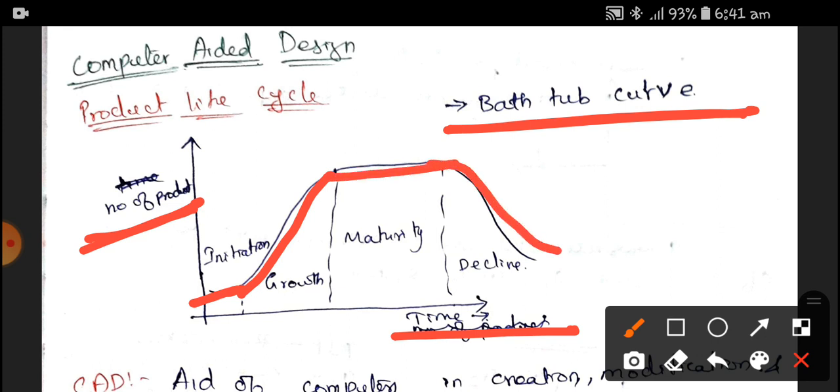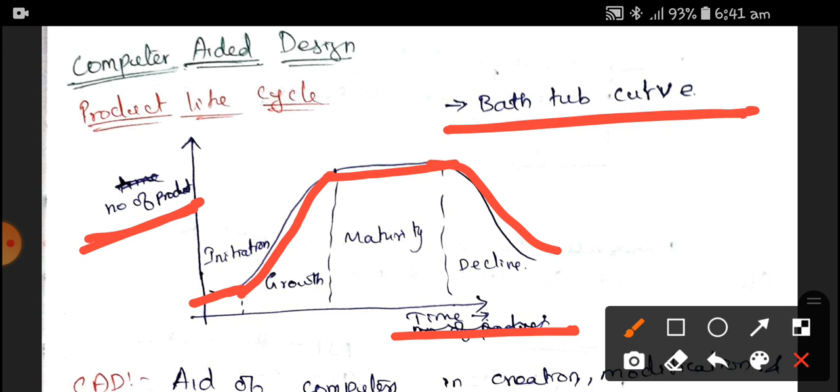Here what I am saying is, if I want to create a product, for example a pin, we have different types of pins available in the market. How can we make a new type of pin?